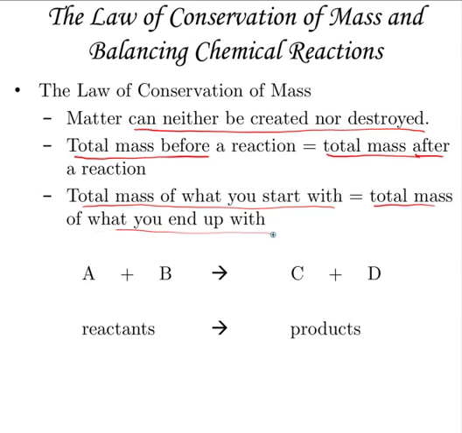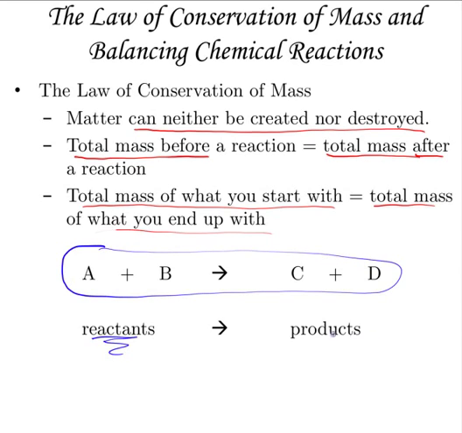So let's go ahead and look at a typical way of representing a chemical reaction. Basically, the general format of a chemical reaction is the following. We have the reactants on the left side of the arrow, and we have the products on the right side of the arrow.